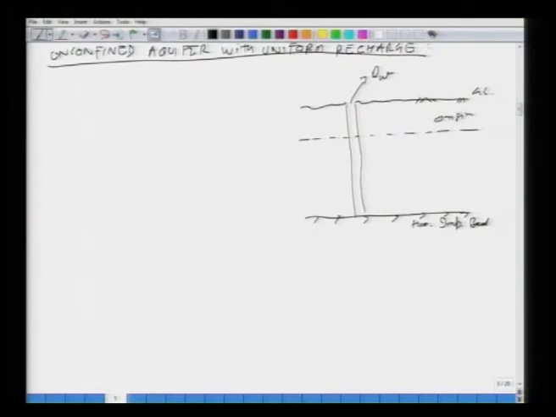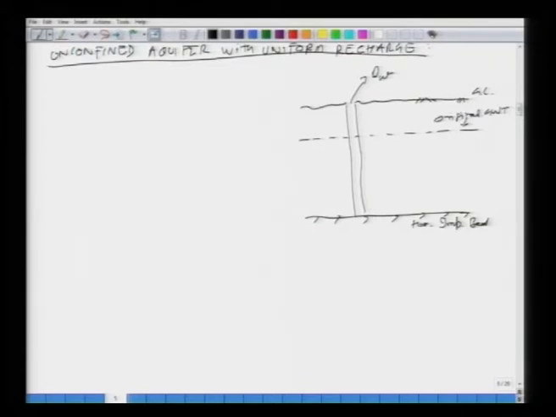This is your horizontal impervious bed, as usual. Then you have this is your pumping well, and this is your ground level. You are pumping at the rate of QW. QW we are representing as a discharge at the well. Let us say this was your original groundwater table.